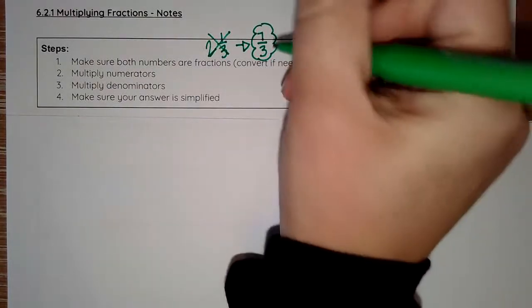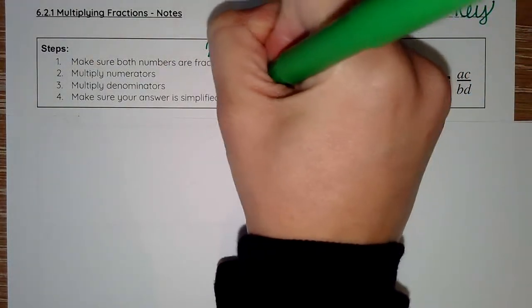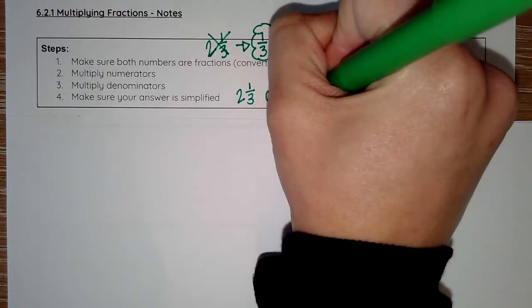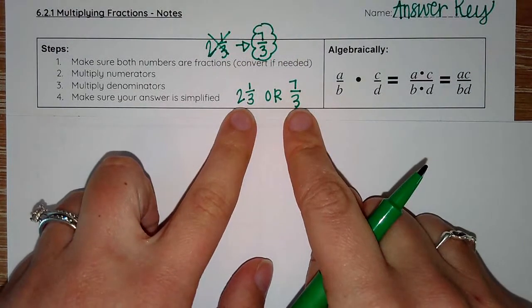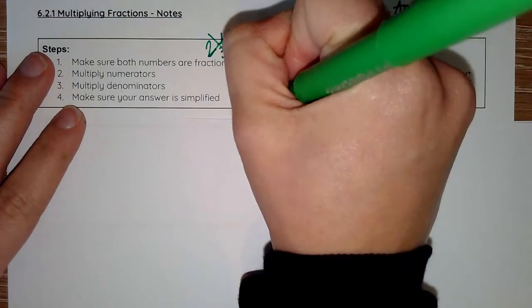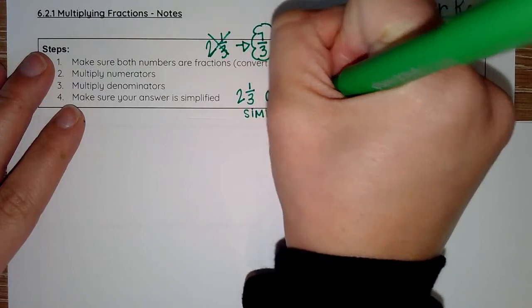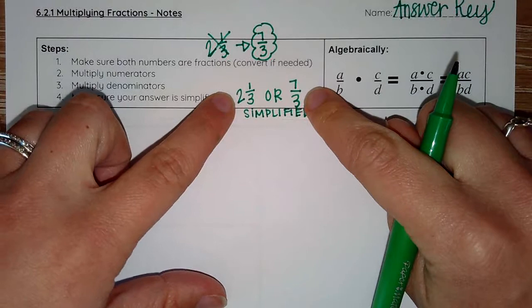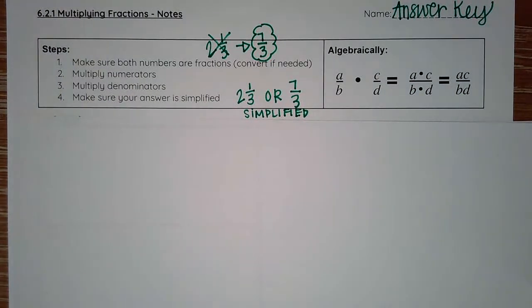Now, your answer can be written as a mixed number or an improper fraction. Either one is okay, but it must be simplified. So it must be in the lowest terms in either mixed number or improper fraction.